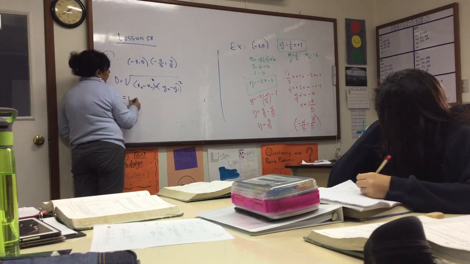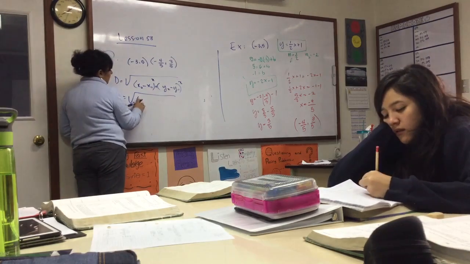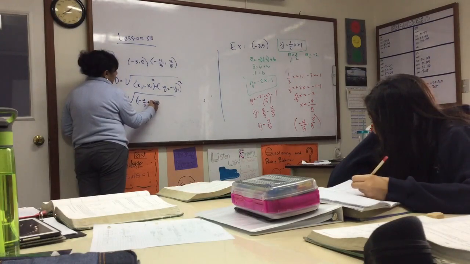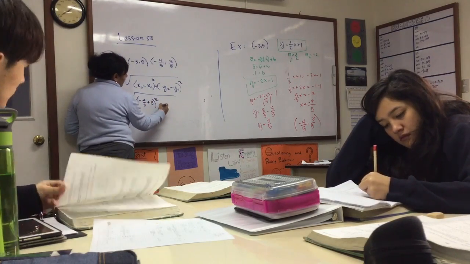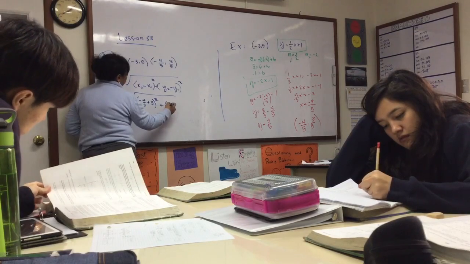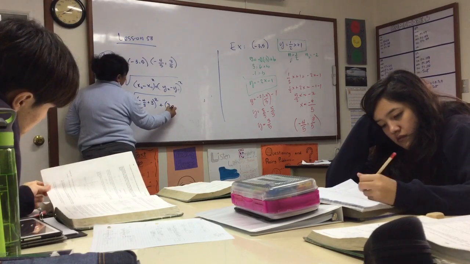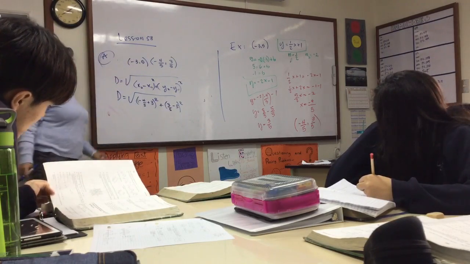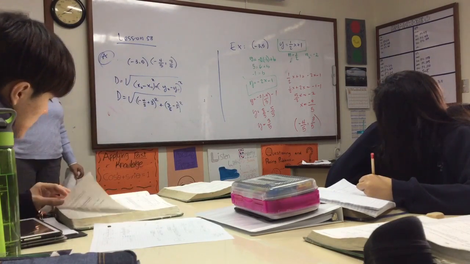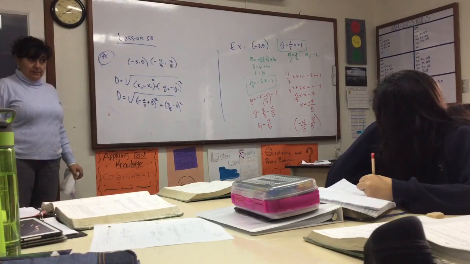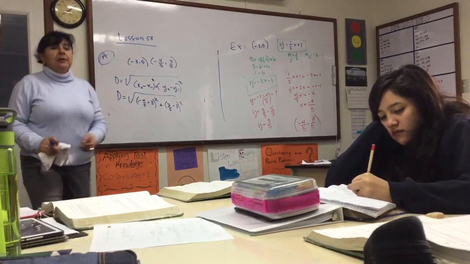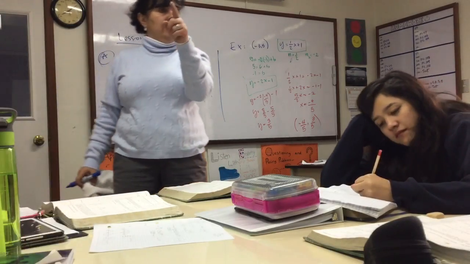The distance would be the square root of minus 4/5 plus 3 squared plus 3/5 minus 5 squared. And you can find it there. Okay? Questions? No, we're good. Fairly simple, right? So that's the end of part A.